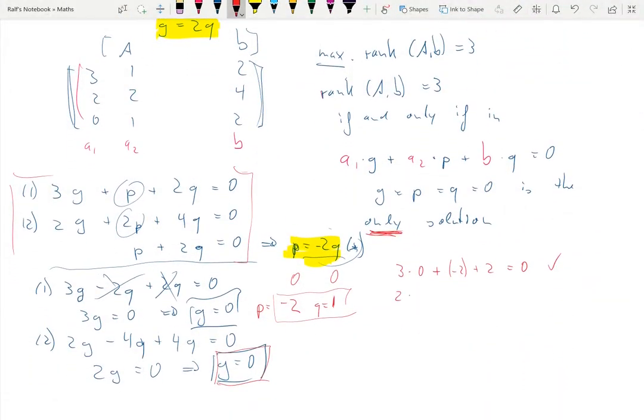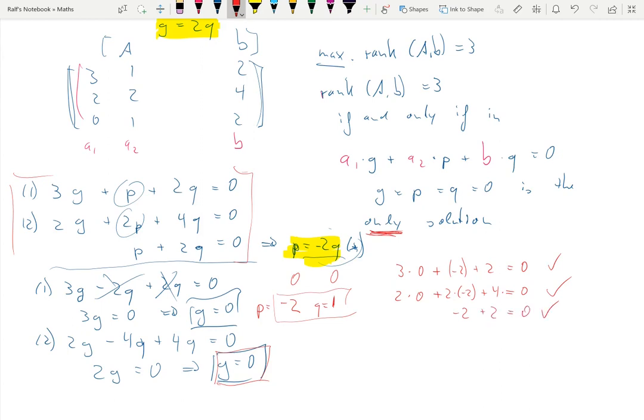So we have 2 times 0 plus 2 times P. P is negative 2, so we get 2 times negative 2, plus 4 times Q, plus 4 times 1, or plus 4, is equal to 0. 2 times 0 is 0. 2 times negative 2 is negative 4 plus 4. That's 0. And then in the last one, we have P, which in our case is negative 2, plus 2Q, so plus 2, is equal to 0.